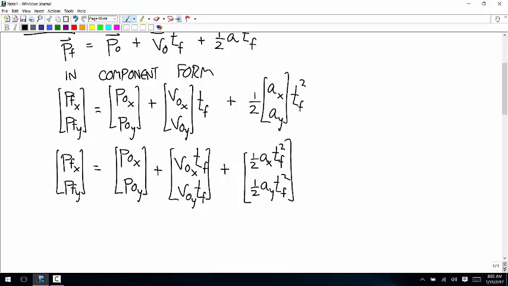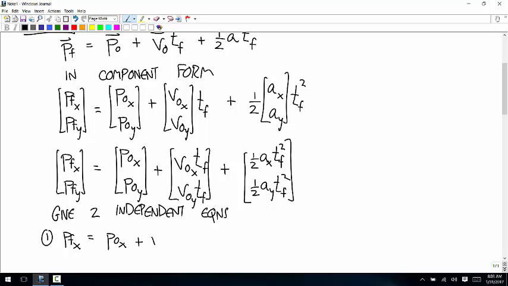And that gives us two different, two independent equations. The first one says PFX is equal to P0X plus V0X TF plus 1/2 AX TF squared.